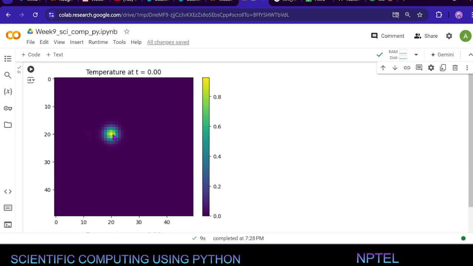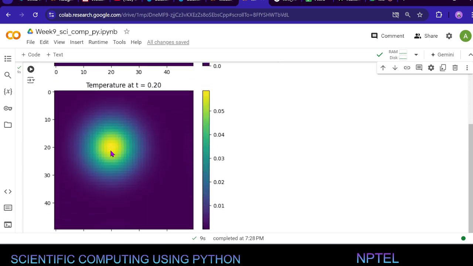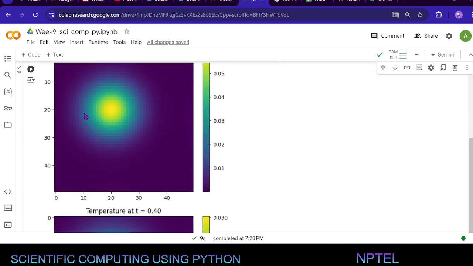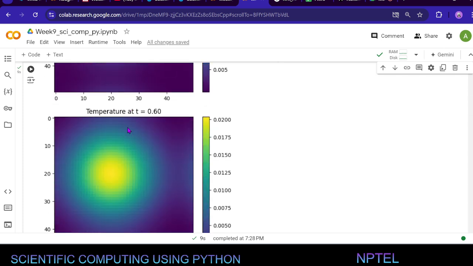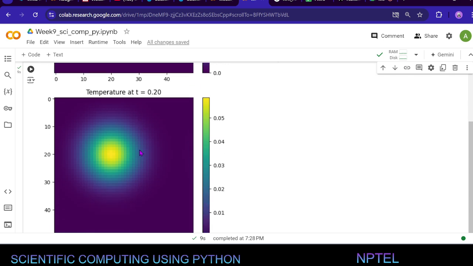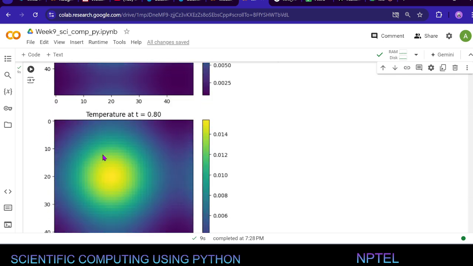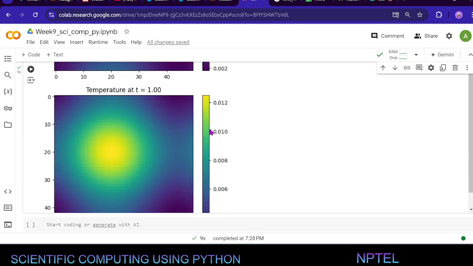So initially there is a high peak and the spread is very less, and slowly it diffuses in all the directions, right? So it diffuses out. So this is at different times. This is at 0, then 0.2, then 0.4, 0.6. All right.